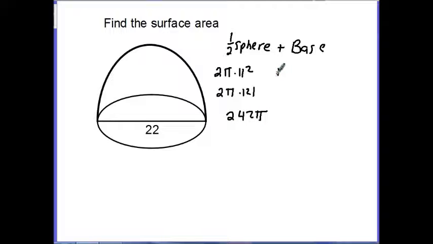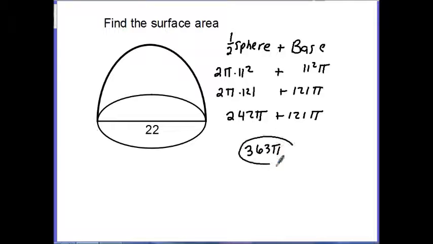Now, the area of my base. It's a circle base, so radius squared pi, which is 121 pi. And when I go ahead and I add that on, 242 pi plus 121 pi is going to end up giving me 363 pi for the total surface area, all the touchable surfaces.